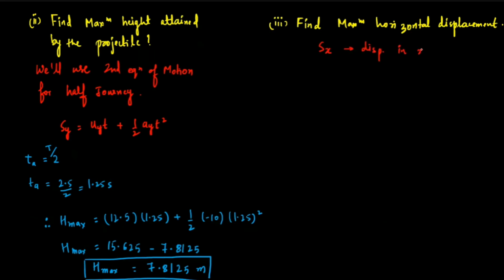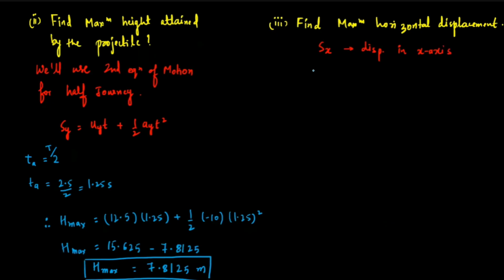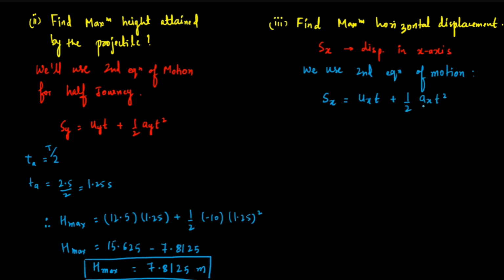Again, in order to find displacement, we always use the second equation of motion. Just keep that in mind. So we use the second equation of motion once again, written for the x-axis this time.